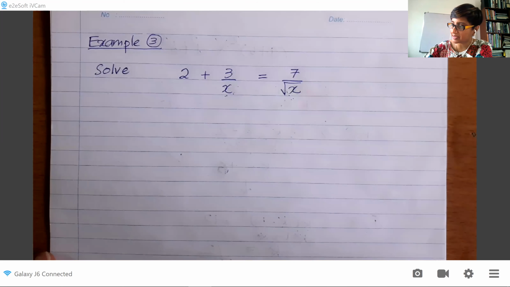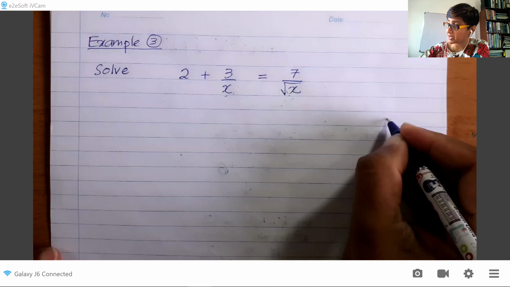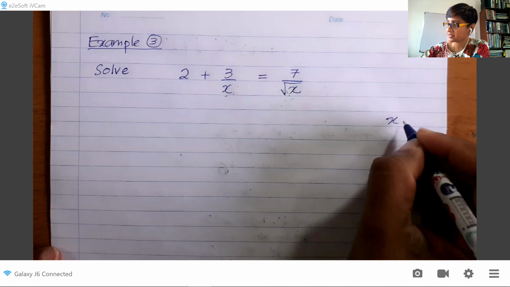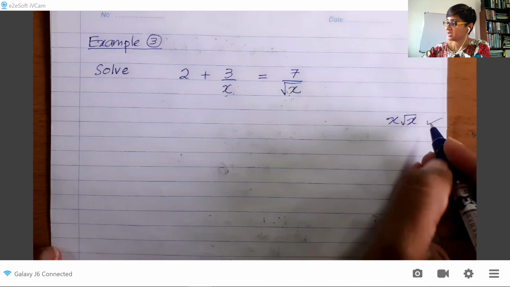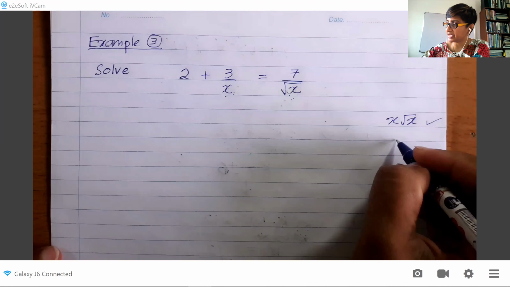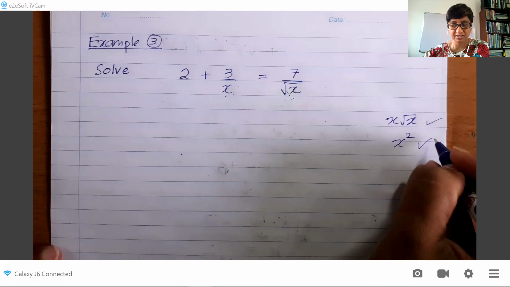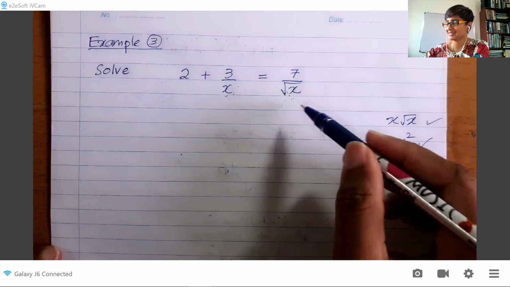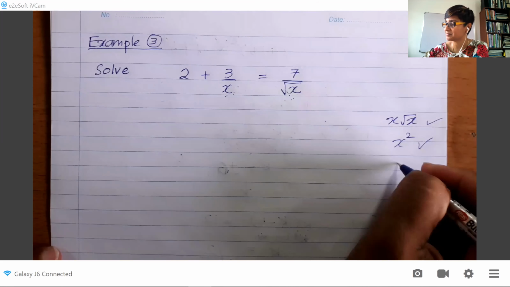So multiplying by x root x works, but it's not the smallest one. Multiplying by x squared would work too, you can get rid of the fractions, but that's not the smallest one. The smallest one is x.